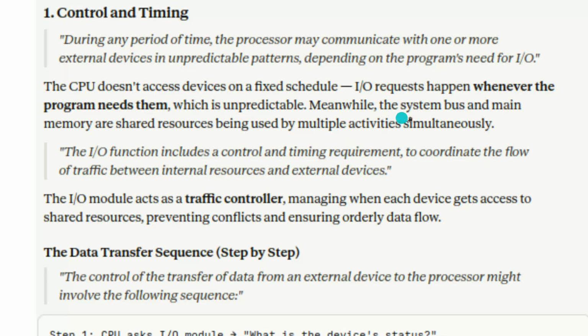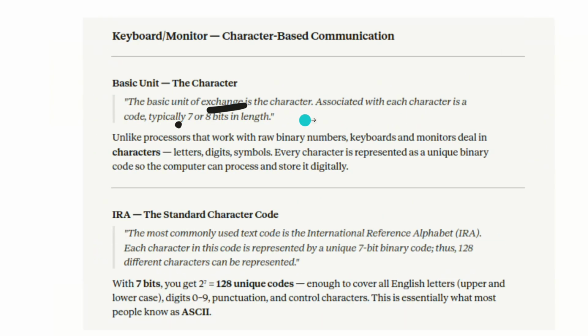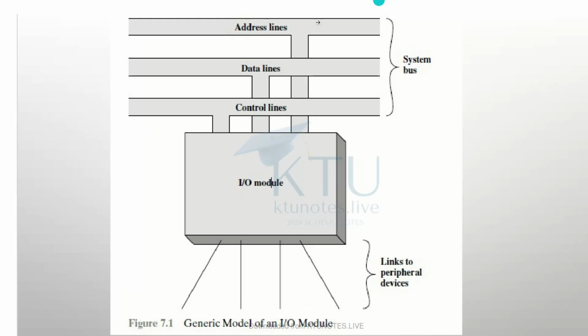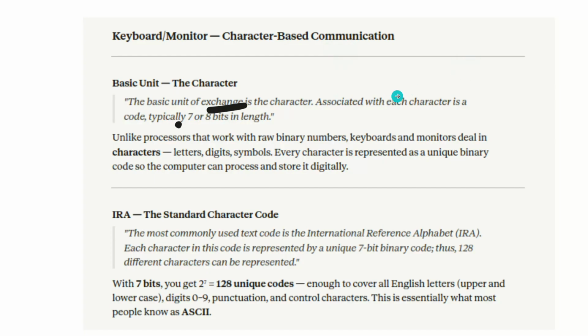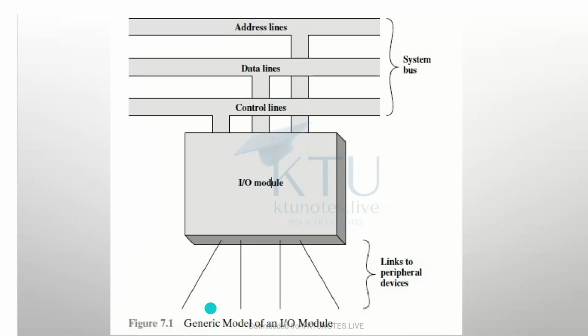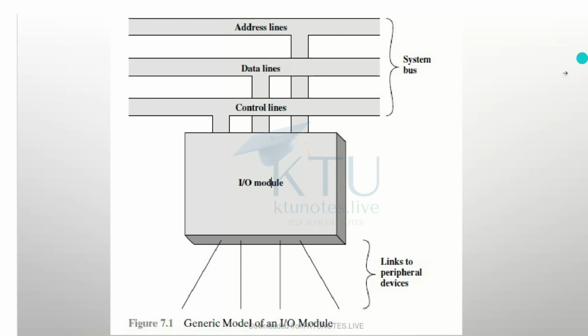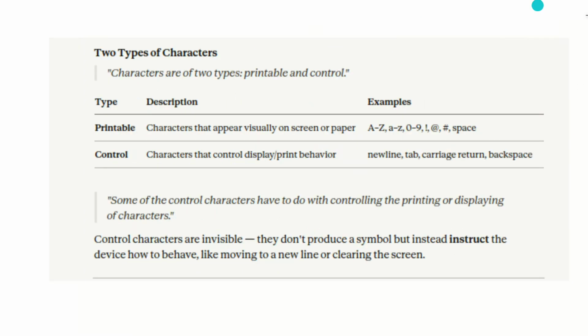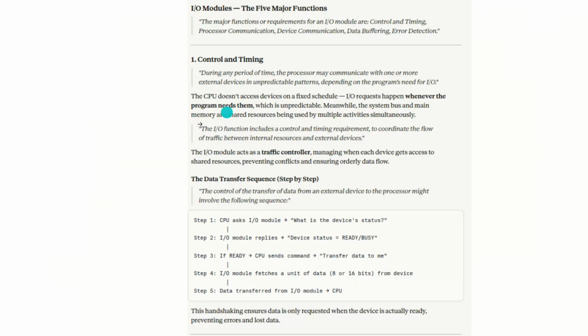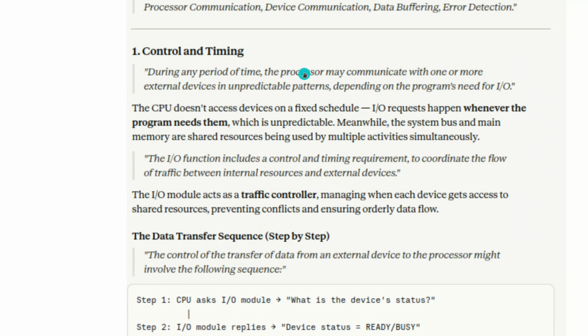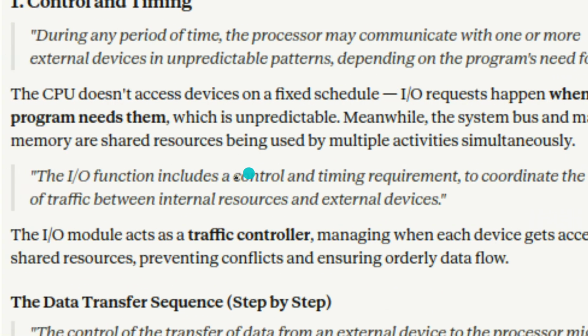We know from this diagram that whatever the devices need can be obtained through the system bus, right? The system bus and the main memory are used for accessing a lot of data, and they will always be busy. They may be busy in other activities also.